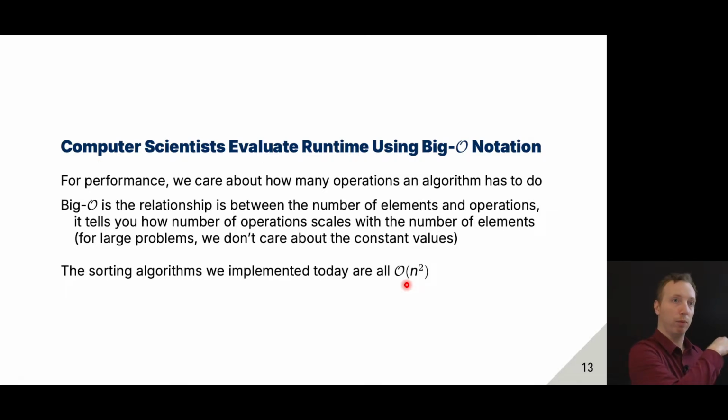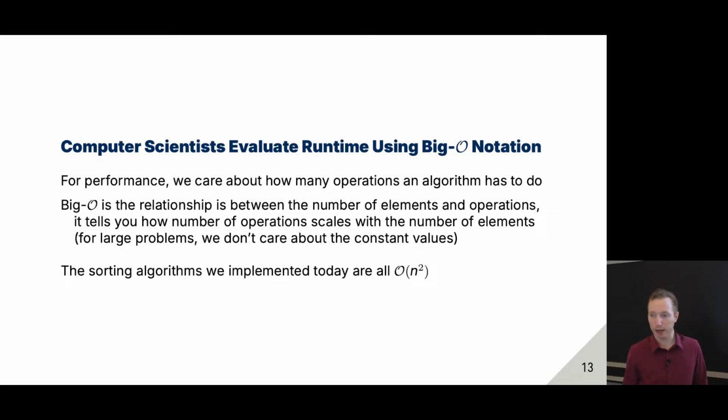One outer loop and one inner loop, and they both ran proportional to the size of the input. Maybe sometimes we didn't scan the whole list, but if we had double the amount of elements, we would have to do double the work. Like I said, constant factors don't matter. For every time we ran the loop, which is n, we had to run it n times. So it's n times n, or n squared.